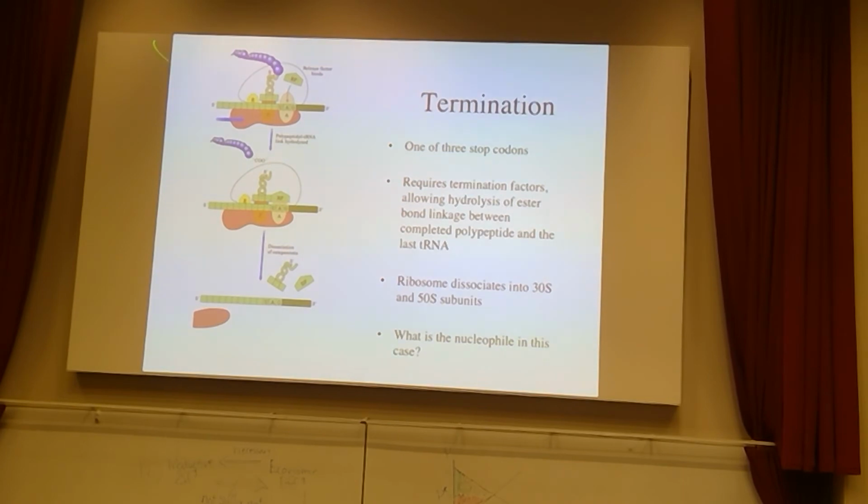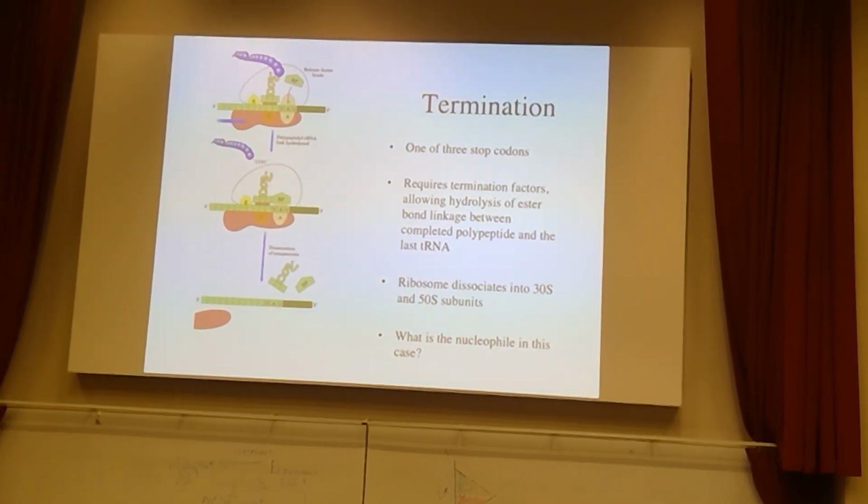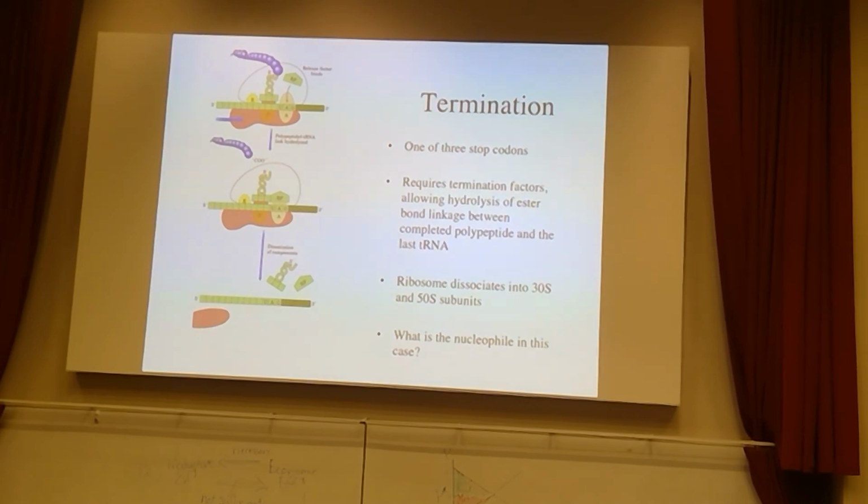Okay, so we make our polypeptide chain, we repeat those steps over and over, continue making the amide bonds. Now we get to the end of our message. And how do we know it's the end of the message? Yeah, there's a stop codon.